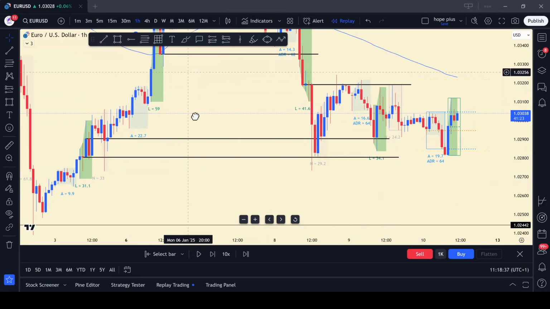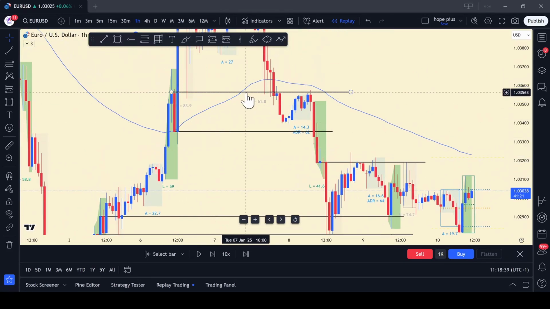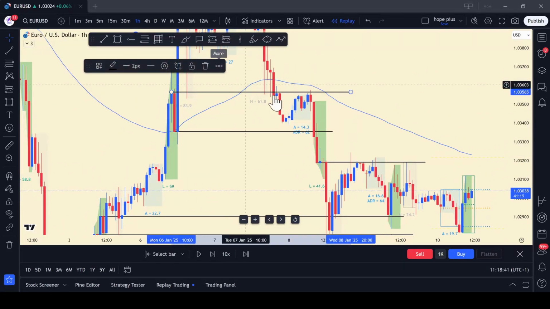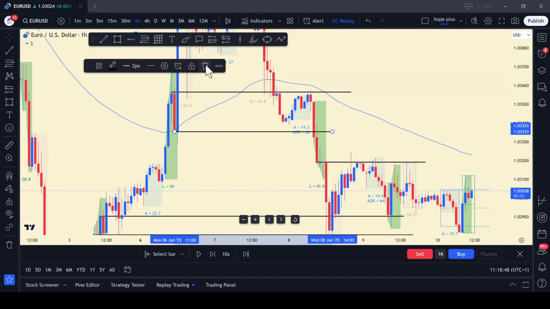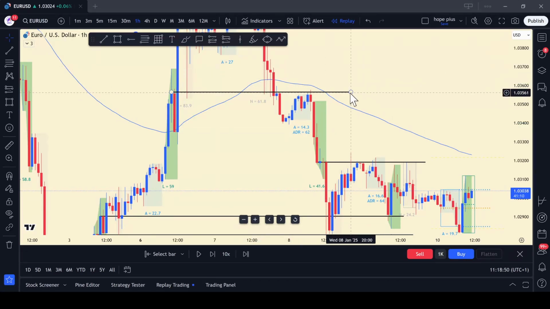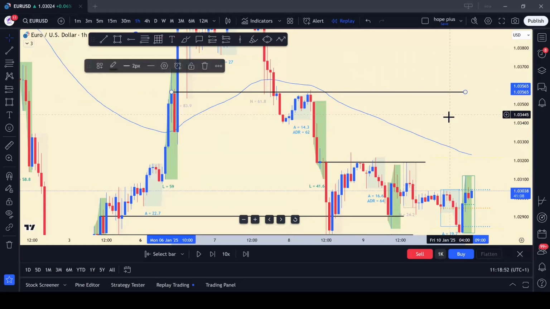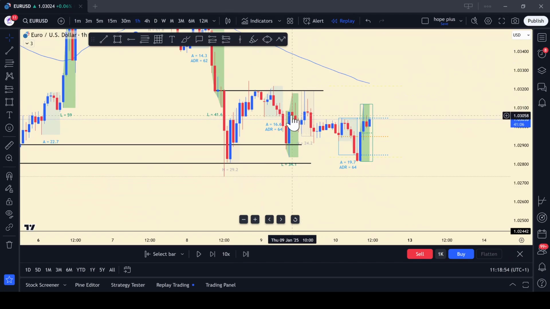So I can take off this one now. This one, the London session has not touched it, so this one I will take it off. I will extend this one just in case price comes there in the future. So on Thursday, we have this particular touching.